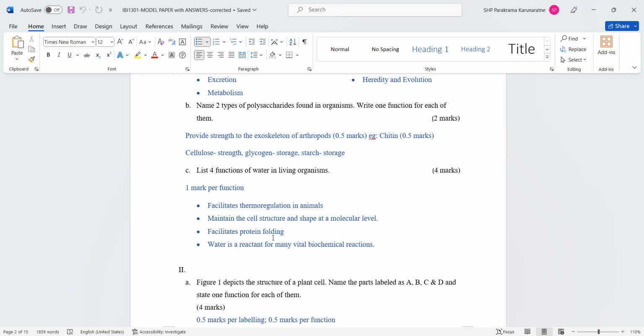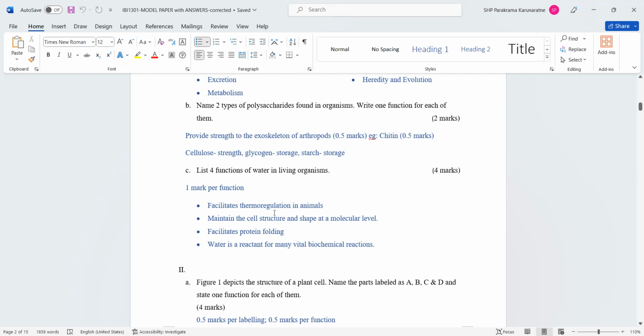Proteins can also give energy when carbohydrate and fat storages in the body are exhausted, or the fat and carbohydrate are not freely available. The body uses protein for energy production. So likewise, you can write, if you are asked to write about protein, fat, or carbohydrate.